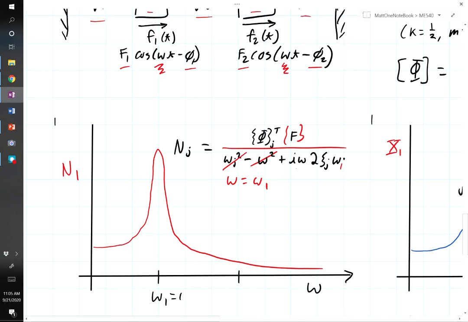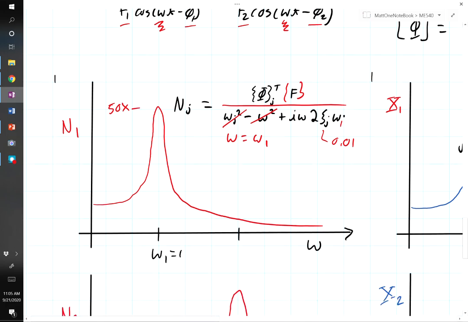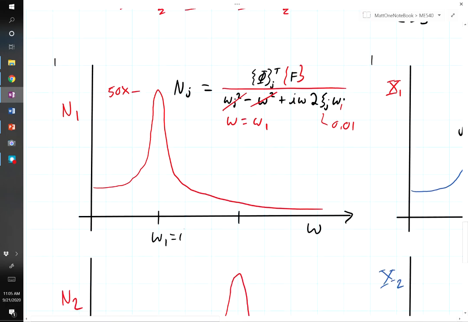We're left with i omega 1 squared times 2 times the damping ratio. And remember, this is usually something small, like 0.01. So here there's going to be like a factor of 50x amplification, because of 2 times 0.01 in the denominator. Right? And that's going to happen when omega is equal to the first natural frequency.